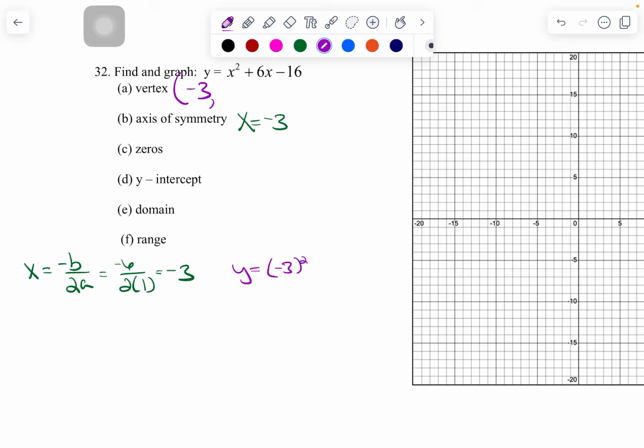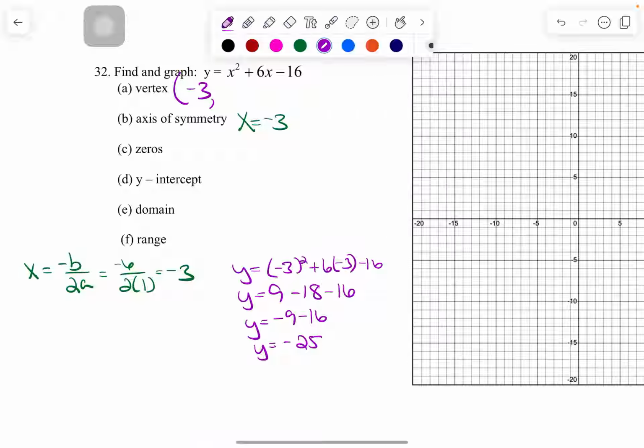So each of those x's gets replaced with a -3. Y is equal to -3 squared is 9. 6 times -3 is -18 minus 16. All right, 9 minus 18 would be -9. -9 and -16 is -25. Yeah, I'm okay with that.